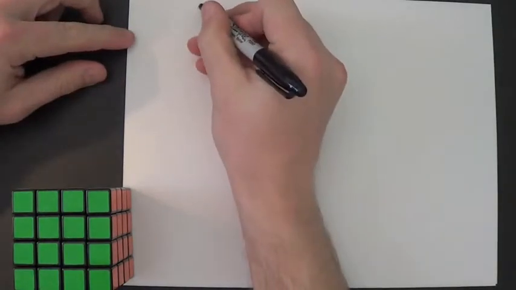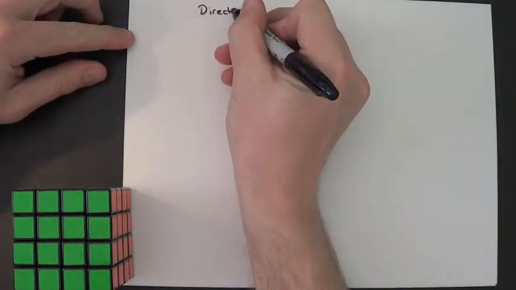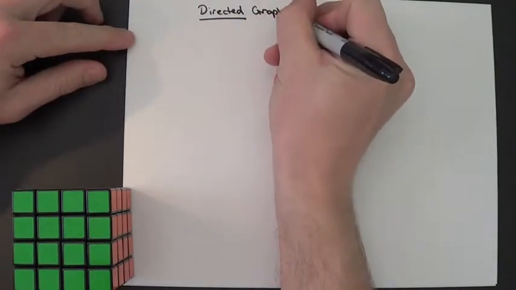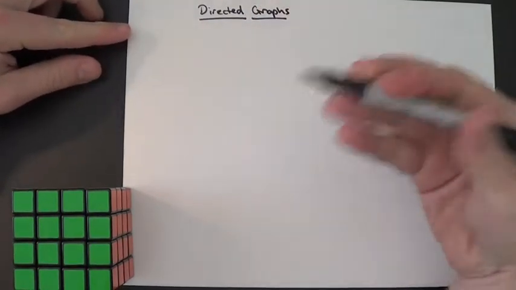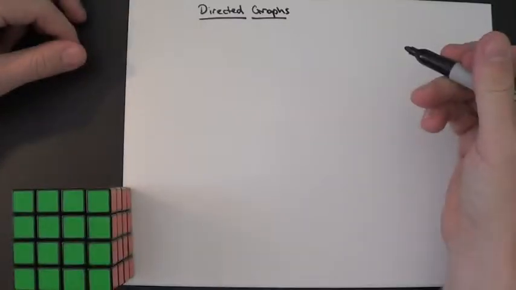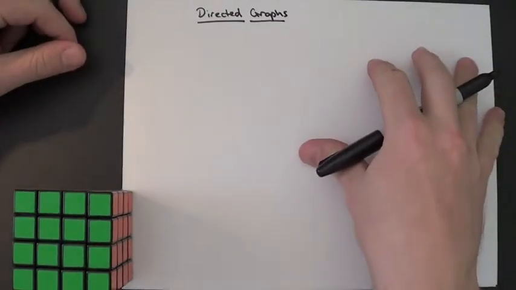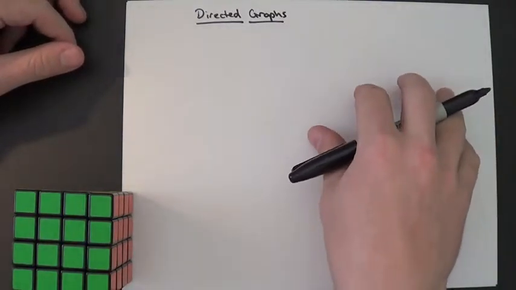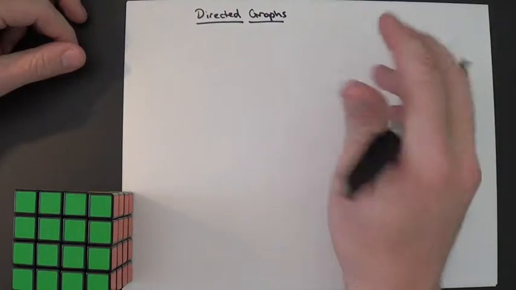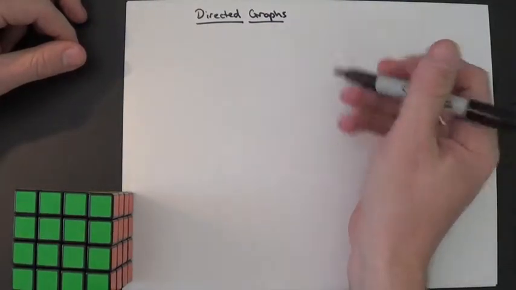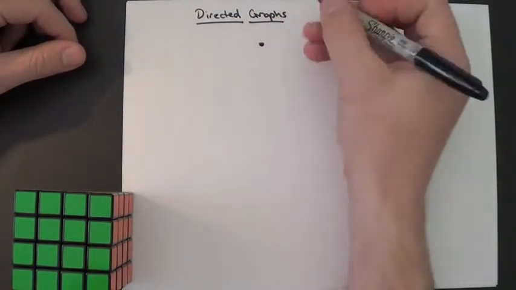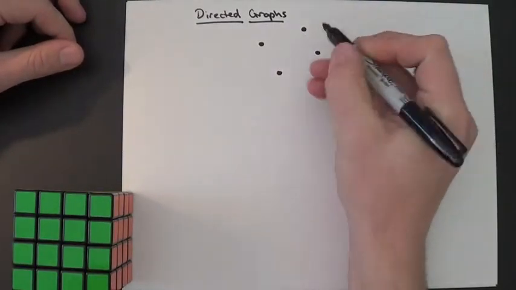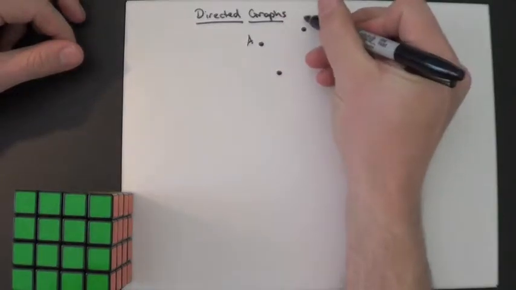Now, directed graphs. Just a little bit more about them. Basically, we just talked about some vocabulary words with undirected graphs. Now we're going to discuss those same or similar vocabulary words for directed graphs. With the directed graph, of course, the only thing that changes is we put some arrows on the end of each of those edges.